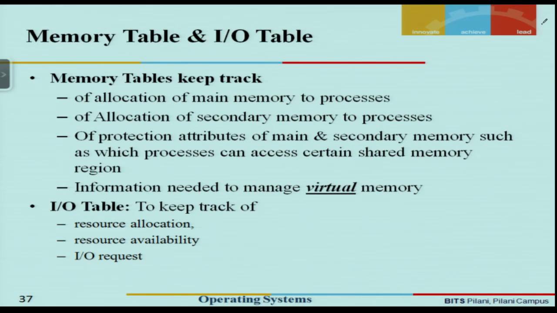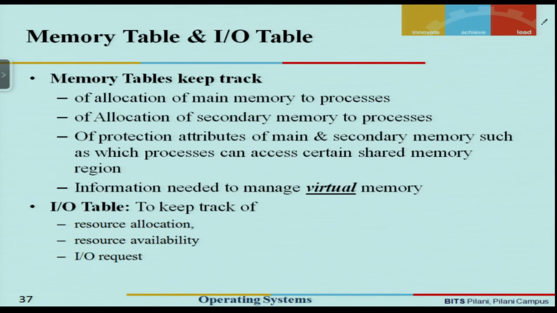So the memory table keeps track of allocation of main memory to a process, and allocation of secondary memory to a process. We know that with a load-on-demand memory management scheme, part of a process could be in memory and part of the process could be on secondary storage.